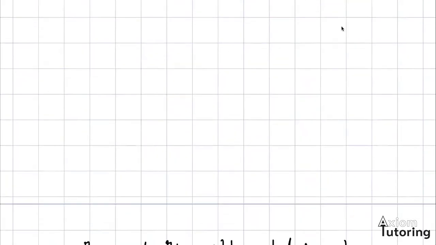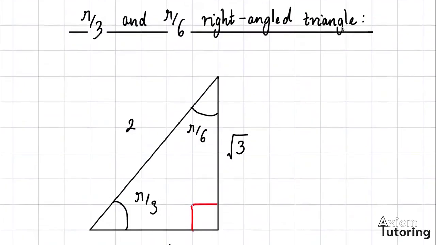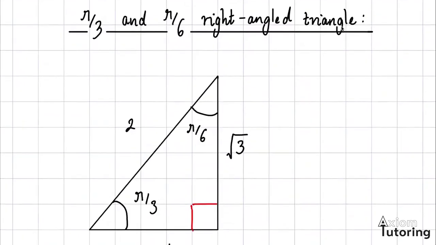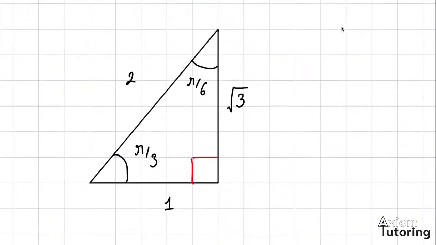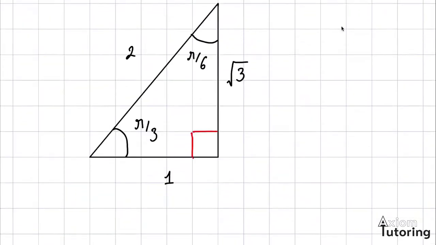So our next special triangle is our pi over 3 and pi over 6 right-angled triangle. So we have two different thetas here, and we want exact trig values for both. So it's our pi over 6, 30 degrees, and pi over 3, 60 degrees. So let's just start with our theta being pi over 3 initially.